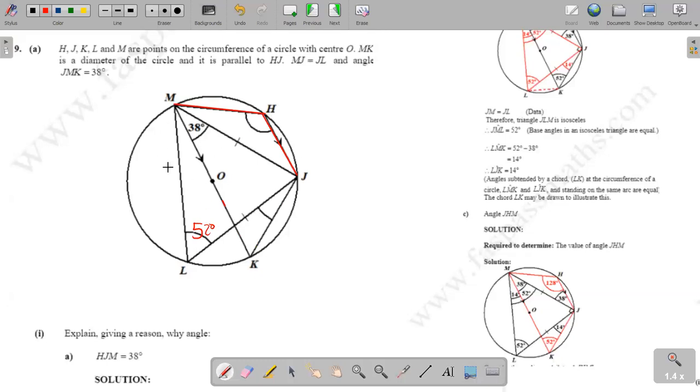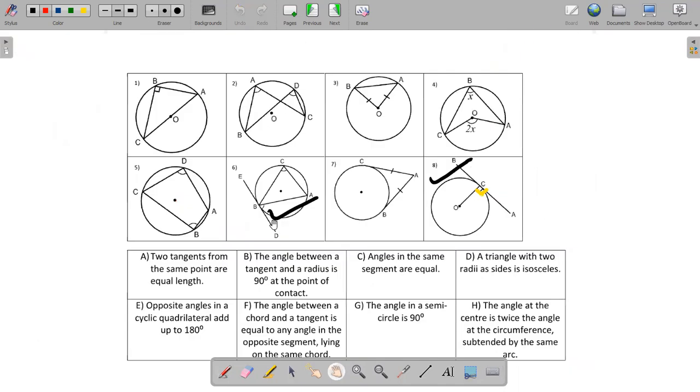They're in the cyclic quadrilateral. That means they are opposite. So what do opposite angles in a quadrilateral do? They add up to what? Anybody remember? Should I go back again? Cyclic, both of them add up to what? Opposite angles in a cyclic quadrilateral add up to 180.